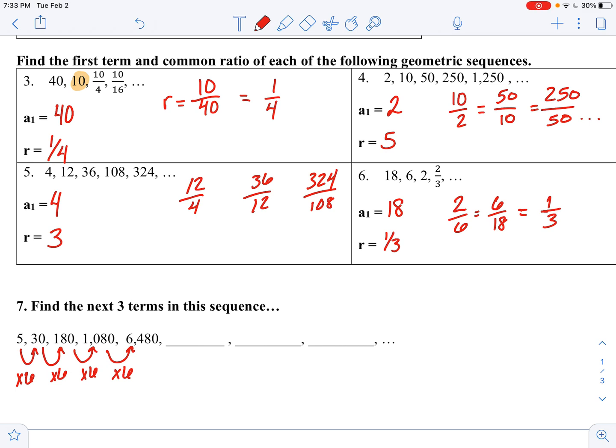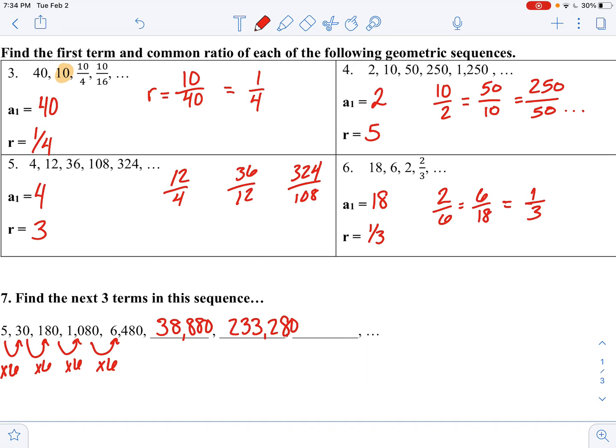So 6,480 multiplied by 6 is 38,880. If I multiply that by 6, I get 233,280, and I'm running out of room already. Oh goodness, that's 1,399,680. So you can see these numbers grow very quickly.